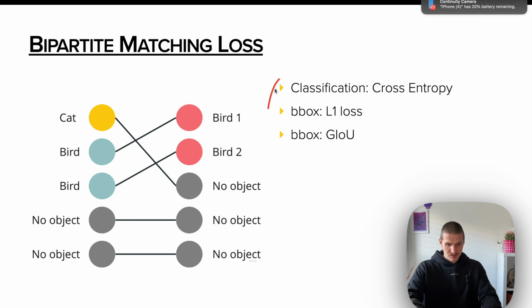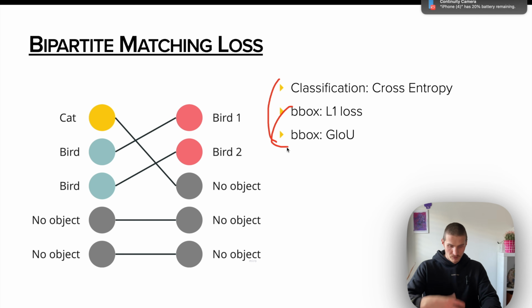And the actual loss consists of three terms. We have classification, basically just cross entropy between predicted class and the actual class, where the class can be person, train, dog, etc., or no object. No object is a special kind of class that also takes part in cross entropy.